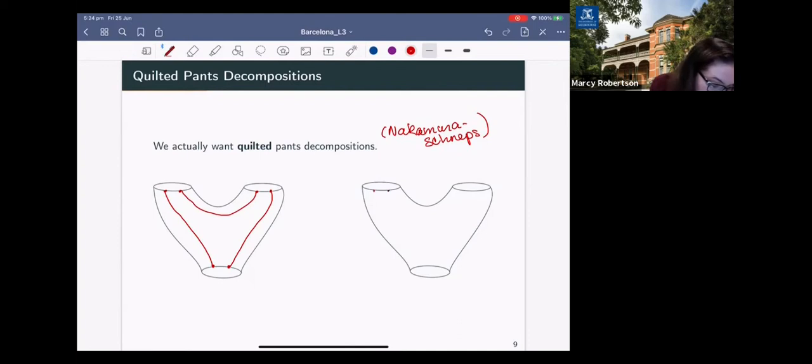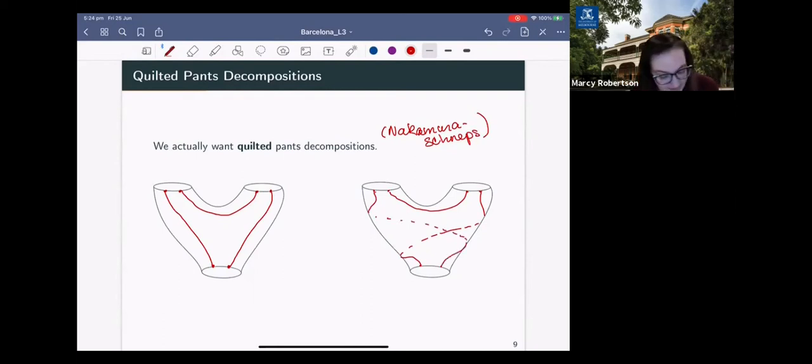Again, these are not unique, and this is going to go badly, but I could have something weird like that, right? So you can have different seams as long as they connect the two boundary points.